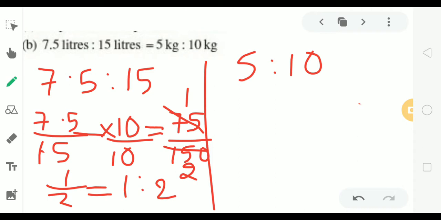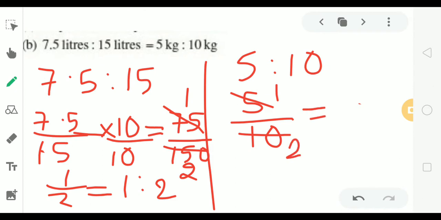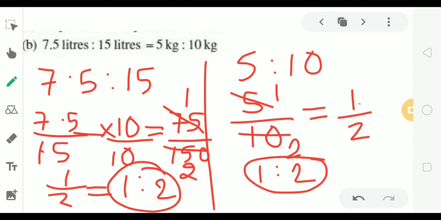We write this as 5 over 10. 5 table, 5 1 time, 10 2 times. So we get 1 over 2, the same as 1 is to 2. Here also the simplest forms of both the ratios are equal. Then it is a true proportion.